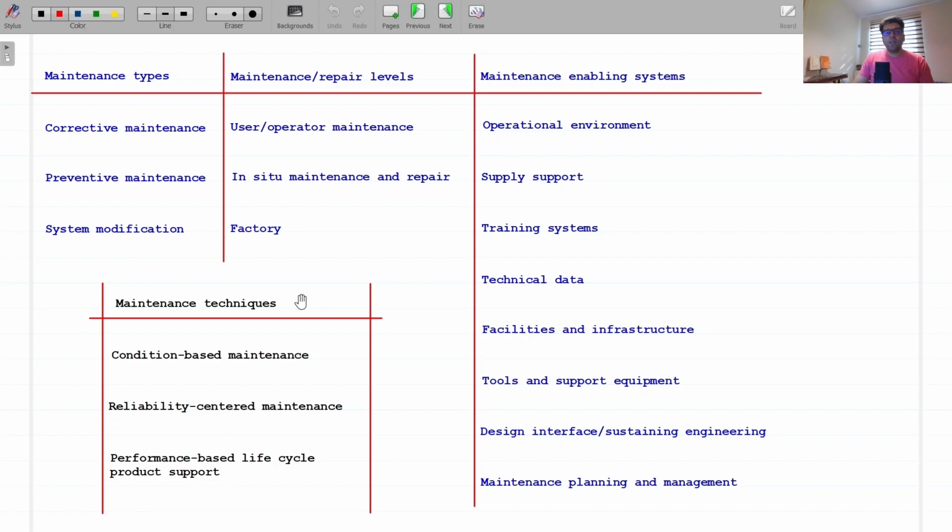The following are some maintenance techniques that can be used for the system of interest. This is by no means an exhaustive list.